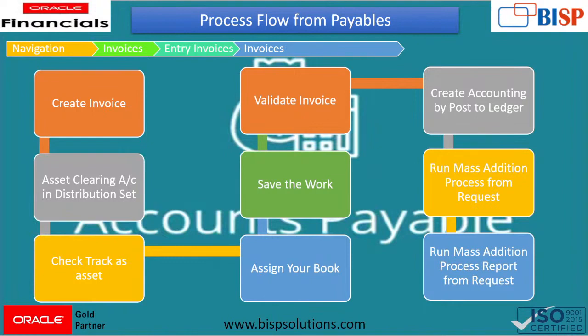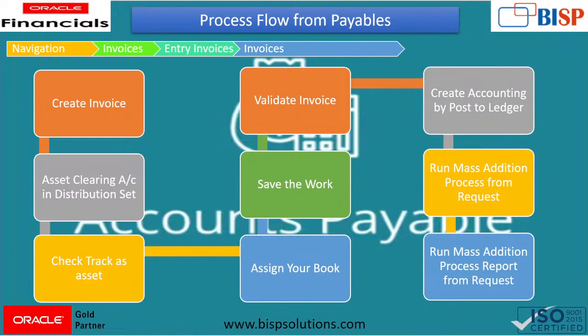You must register the clearing account you want to use as an asset account in the segment value window. The create mass addition process selects payables invoice line distributions charged to a clearing account with the type of asset. For each asset category in Oracle Assets for which you want to import the invoice line distribution from payables, define the valid asset clearing and construction in process clearing account, that is the CIP clearing account.